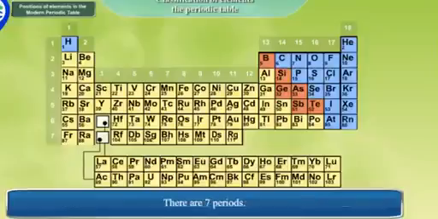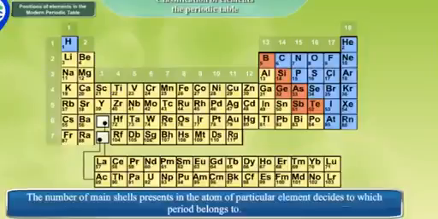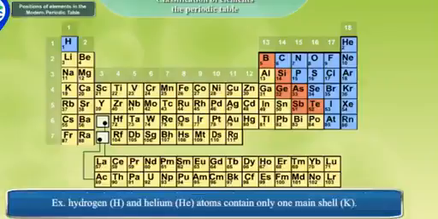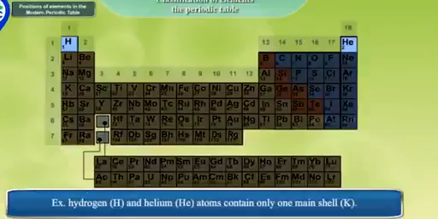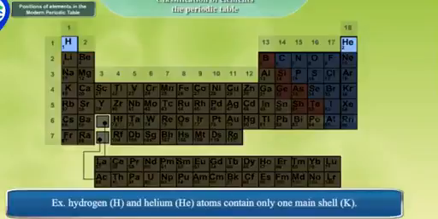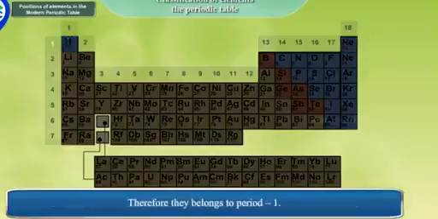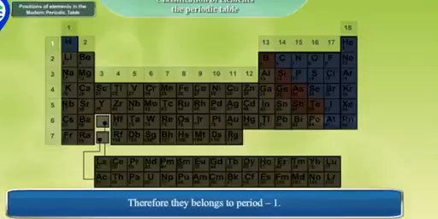There are 7 periods. The number of main shells present in the atom of a particular element decides which period it belongs to. Example: hydrogen (H) and helium (He) atoms contain only one main shell, K. Therefore, they belong to period 1.